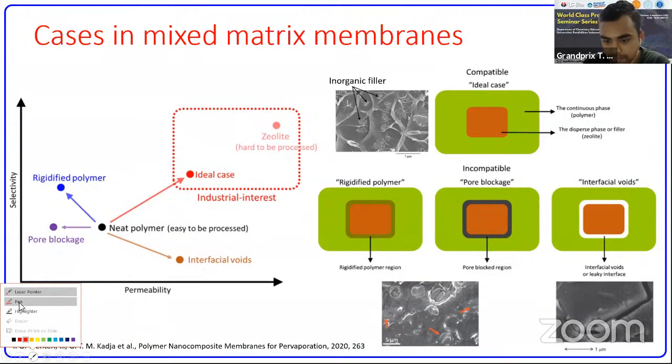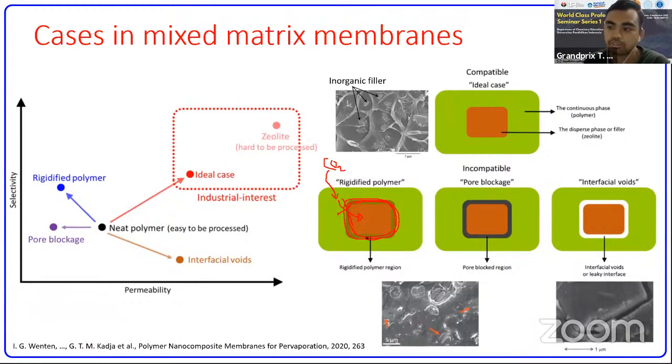As you can see here, if I have a molecule, let's say oxygen or carbon dioxide, it could penetrate the continuous phase of the polymer, but it cannot enter the inorganic filler. Why? Because the interfacial layer here has lost its porosity. So there is no use for the inorganic fillers because the molecules cannot enter.